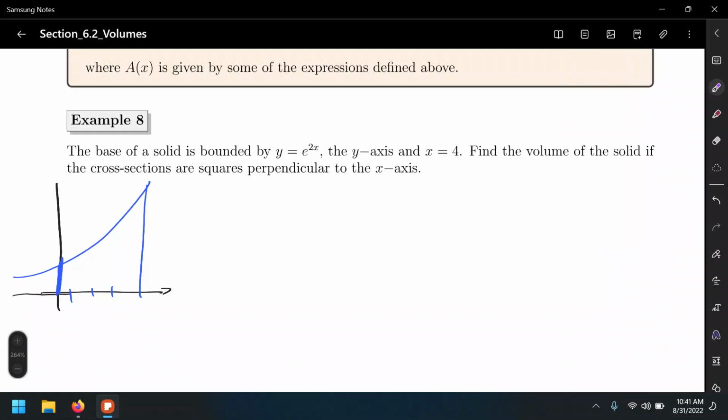You can think of, in this case, squares popping out of your paper, which is what I will try to draw here with some perspective. There's one, that's another square. All right.